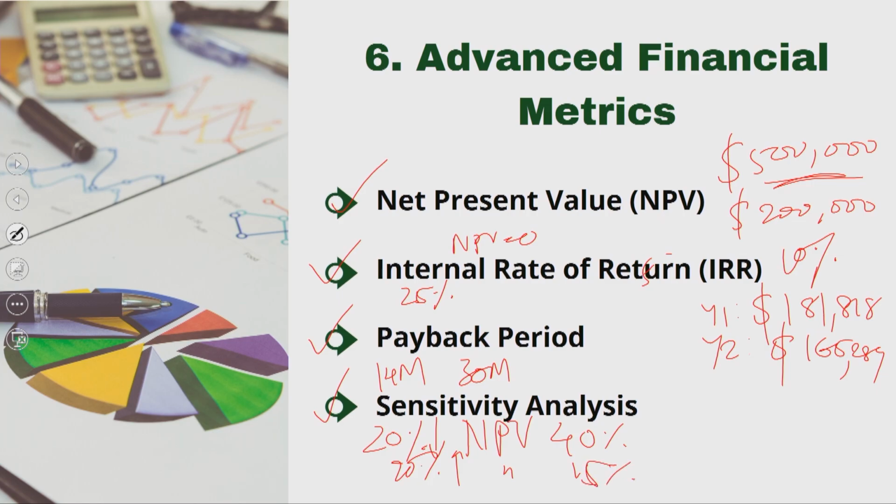This insight helps us prioritize the program design element and the risk mitigation strategies. So these advanced metrics transform learning evaluation into sophisticated financial analysis that executives can confidently use for strategic resource allocation decisions, treating learning investments with the same rigor as other major business initiatives.